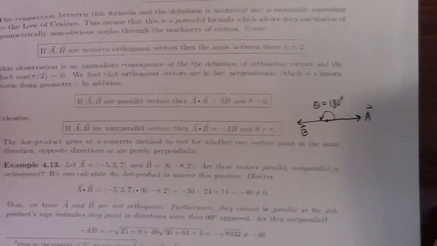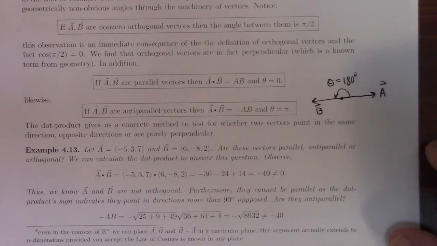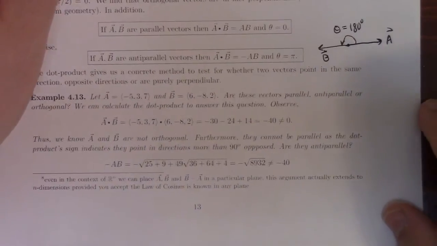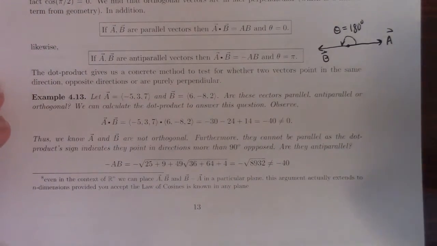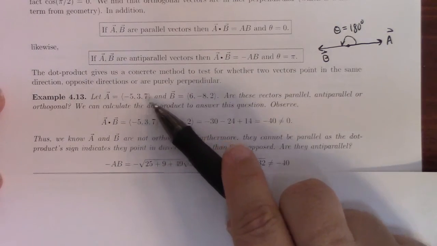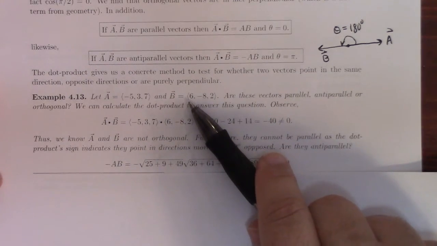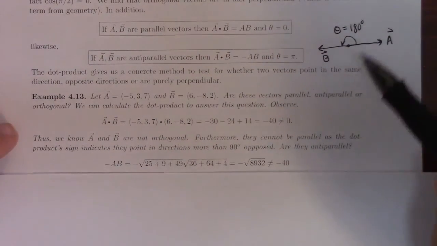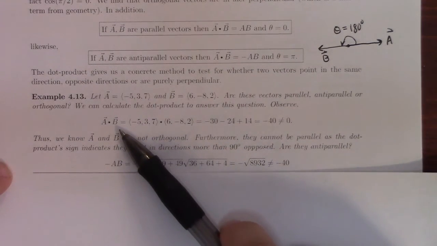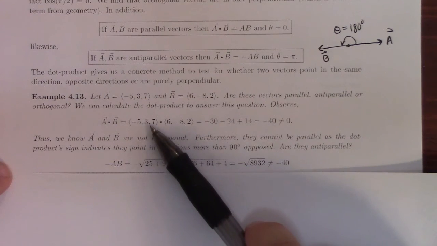I think I asked you some questions in the take-home quiz about whether two vectors are parallel, perpendicular, or neither. Here's one. If I've got vector A as minus 5, 3, 7, and B is 6, minus 8, 2, are these vectors parallel, anti-parallel, or orthogonal? The answer could be none of the above.